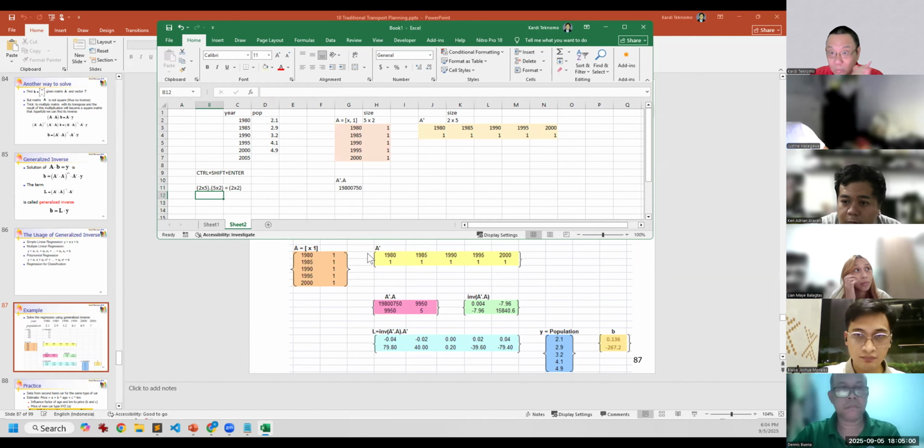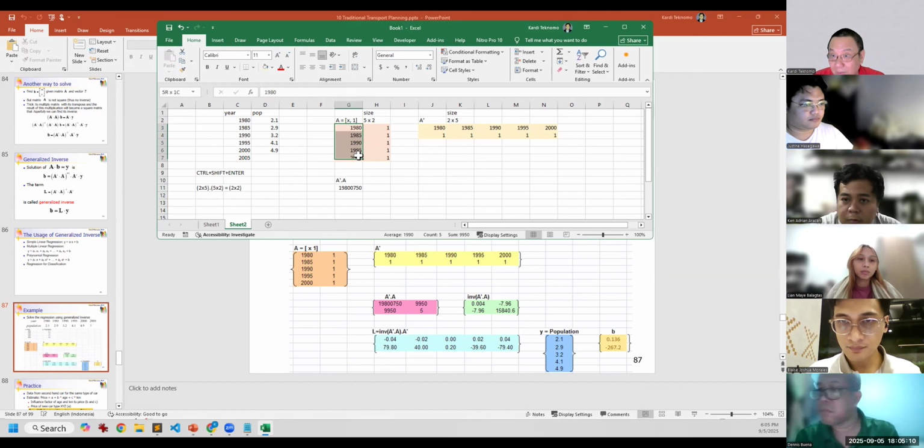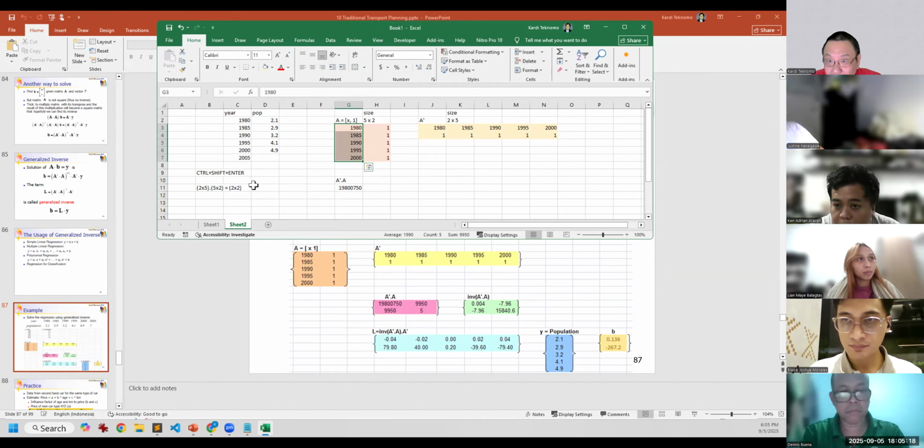The number of rows is 2, right? The number of columns is 5, and you can only multiply if the number of columns in the first matrix is equal to the number of rows in the second matrix.